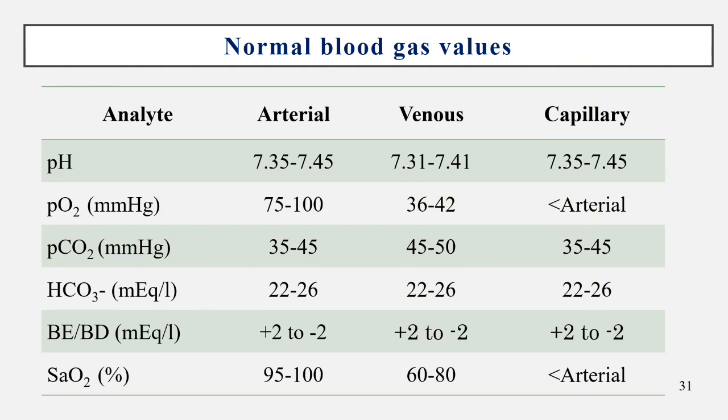And base excess, next one is oxygen saturation. Arterial and capillary are similar for some analytes: pH, partial carbon dioxide and bicarbonate. These are the normal blood gas values.